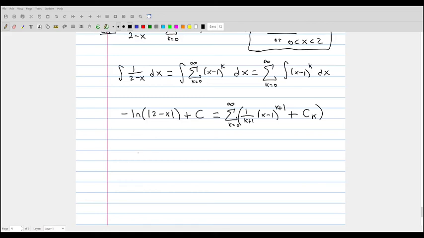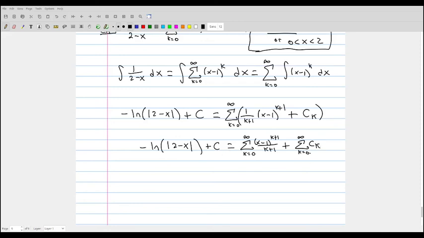But the idea here is that we've just shown that negative the natural log of the absolute value of 2 minus x, plus c, say, is going to be equal to the infinite sum from k equals 0 to infinity of (x minus 1) to the k plus 1 over k plus 1, plus some arbitrary constant, which is again the sum from k equals 0 to infinity of c_k.